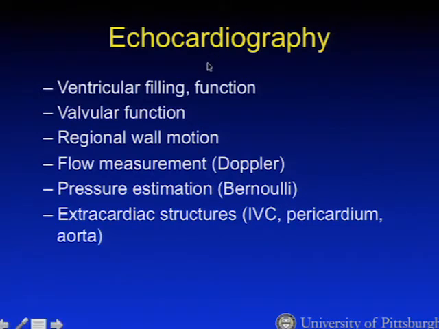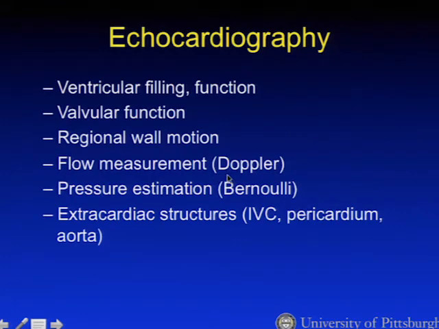Now, transesophageal or transthoracic echocardiography has a lot of advantages in hemodynamic monitoring, but is dependent on a skilled operator and your continuous presence manning the device. But it gives us a wealth of additional information related to ventricular function, filling, valvular function, wall motion.